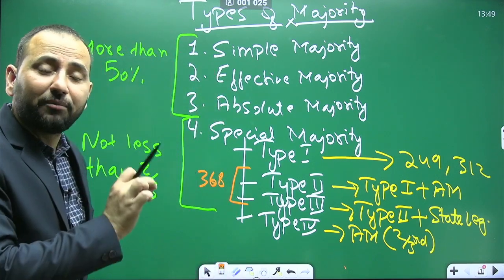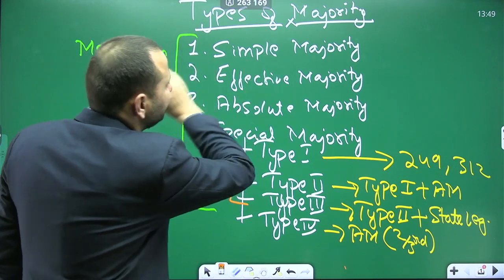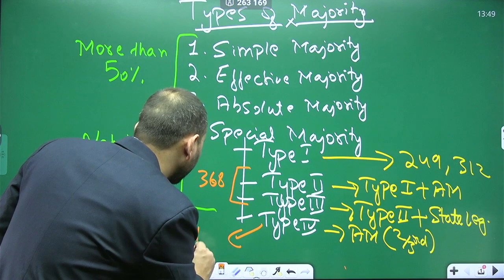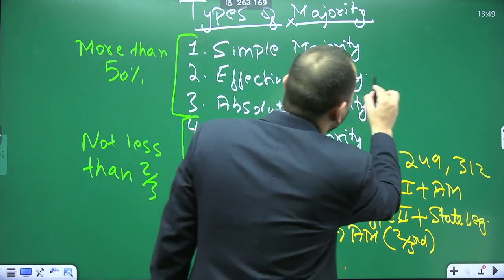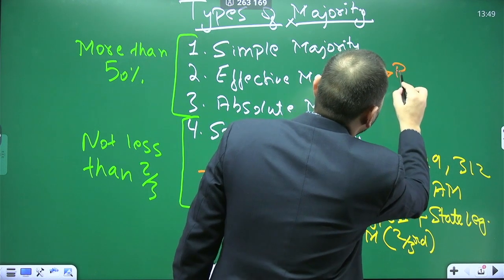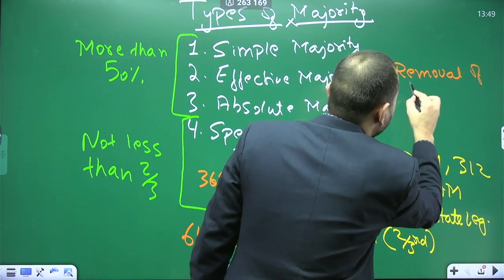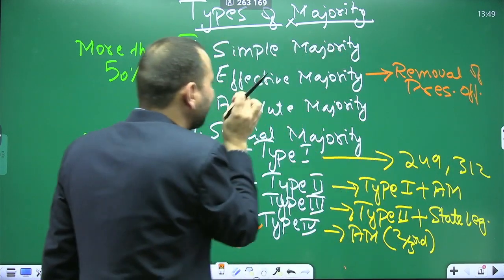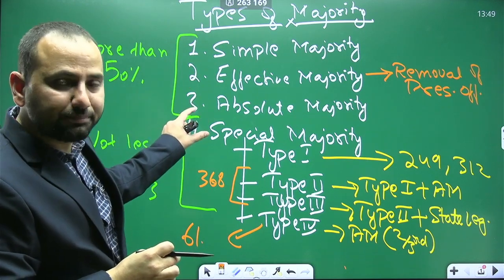But when we talk about amendment to the constitution, along with this, we can also see it through the concept of simple majority. This type 4, that is Article 61, provides for impeachment of the president. This effective majority is used in the case of removal of presiding officers in that particular house. If you talk about absolute majority, it is not used independently, and these are the concepts which we need to understand.